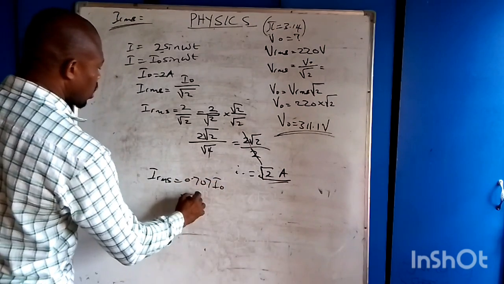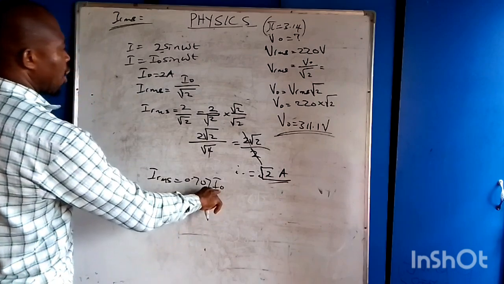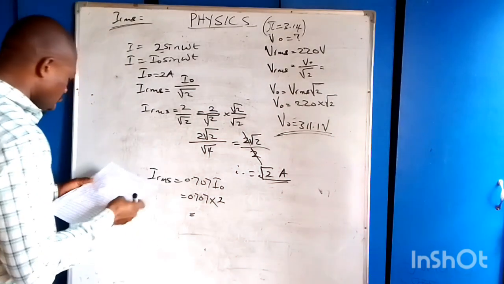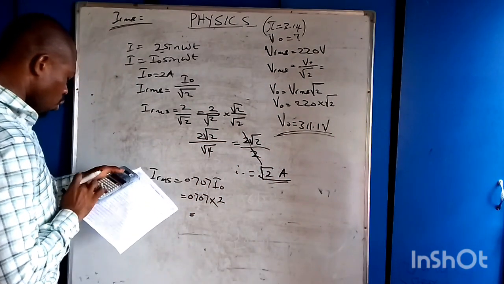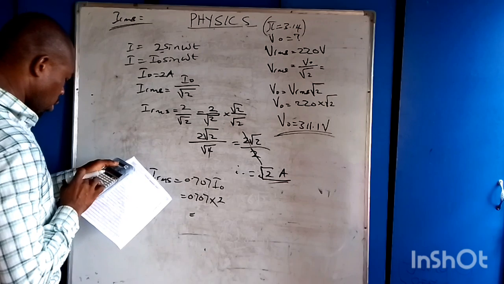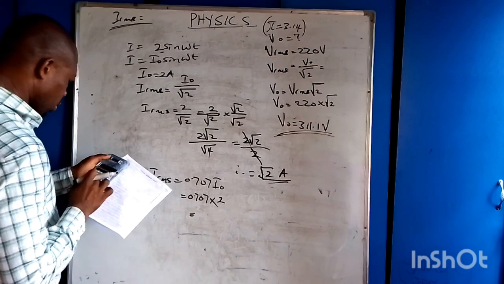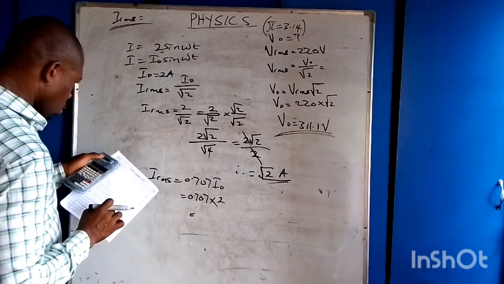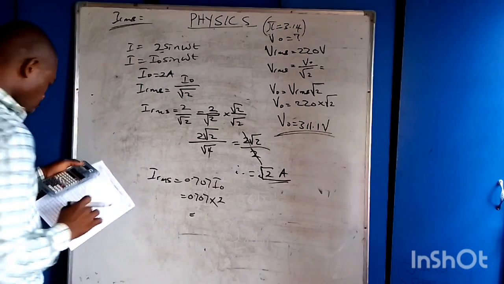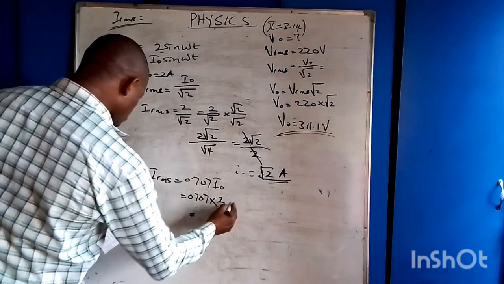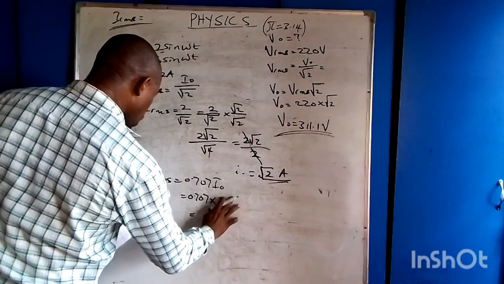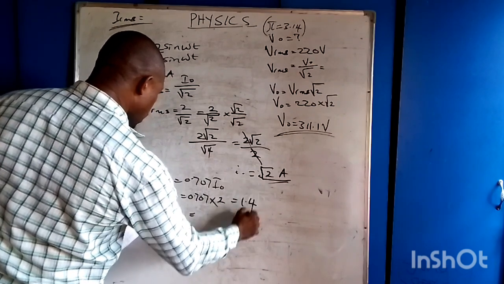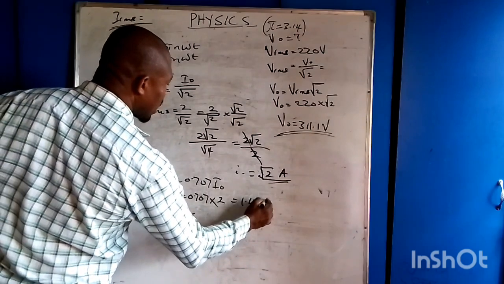The I naught given to us is 2, so 0.707 times 2 will give us 1.41 ampere.